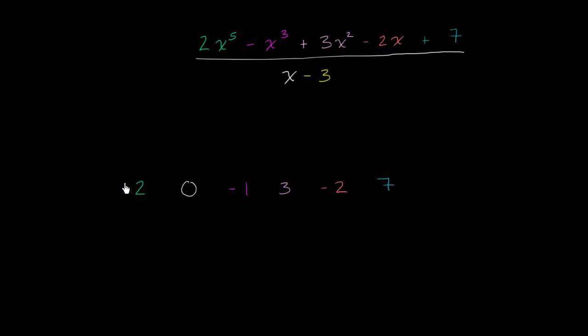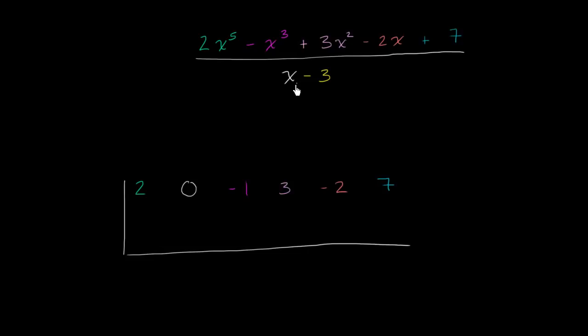And now let me just draw my little funky synthetic division symbol. And remember, the type of synthetic division we're doing only applies when we're dividing by an x plus or minus something. There's a slightly different process you would have to do if it was 3x, or negative 1x, or 5x squared.